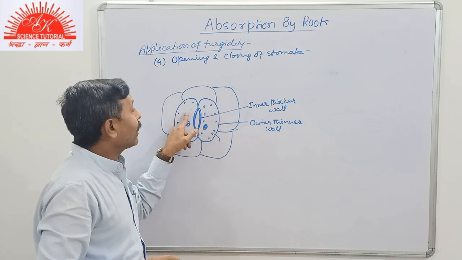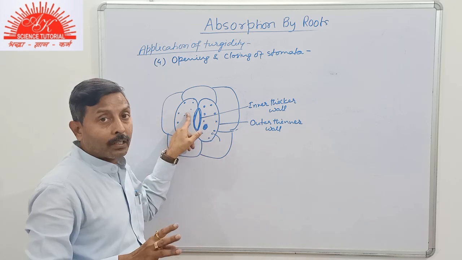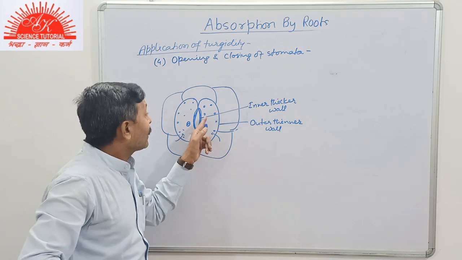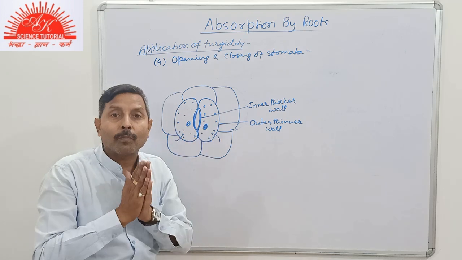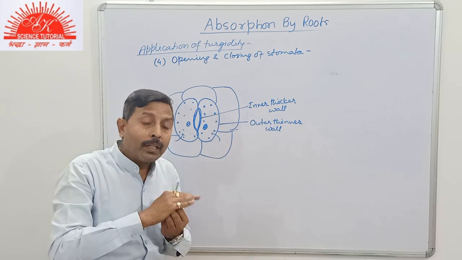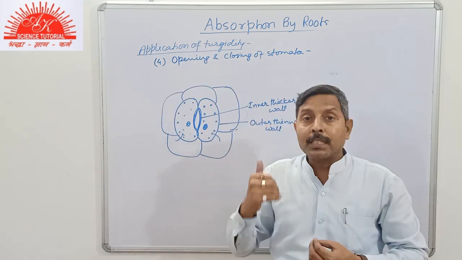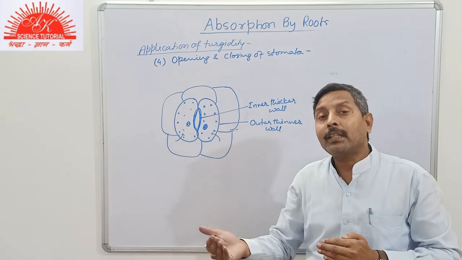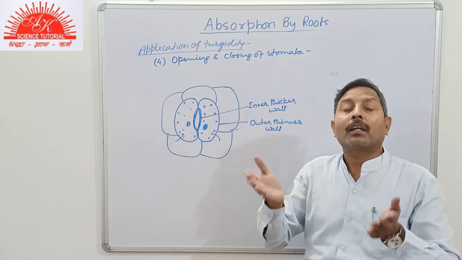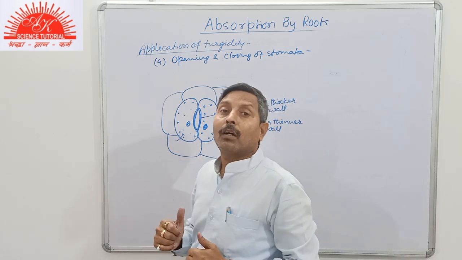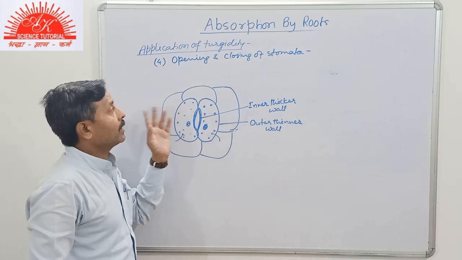Its cell sap becomes hypotonic, resulting in exosmosis, and hence the guard cell returns to its normal shape, closing the stomata. So during the daytime, due to turgidity, the stomata open, and during the night it again returns to normal shape. So the opening and closing of stomata is due to turgidity.